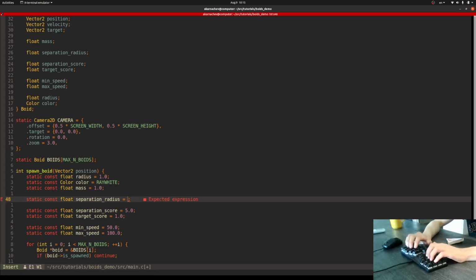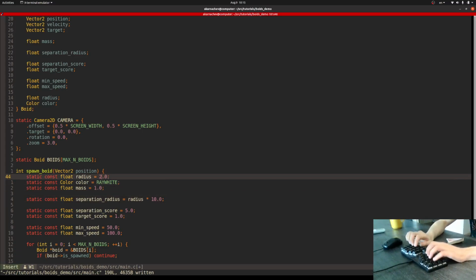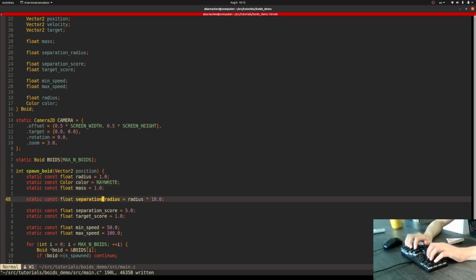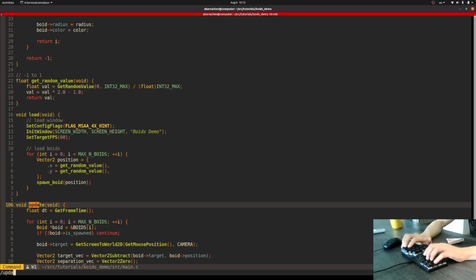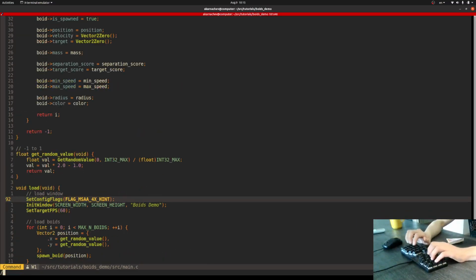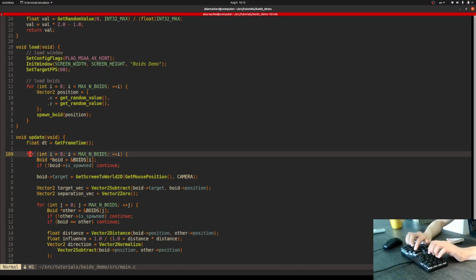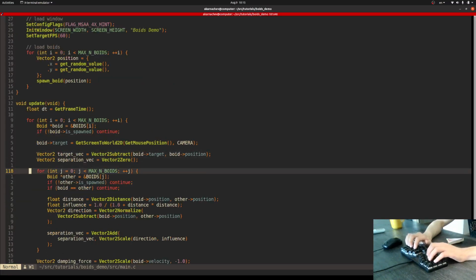Maybe we can do radius times 10. Yeah, we can keep it relative to the radius itself, because if we change the Boid radius, we also change the separation radius. Okay. Now let's update Boids.